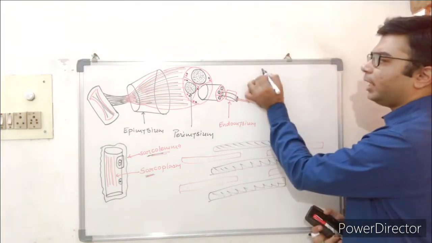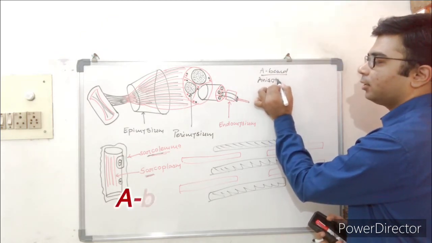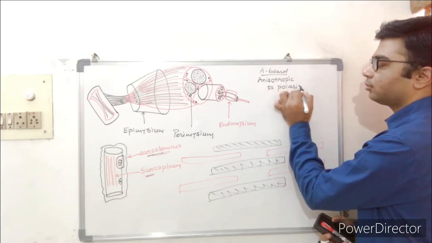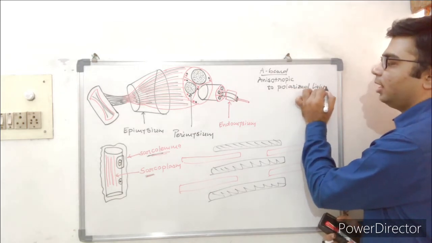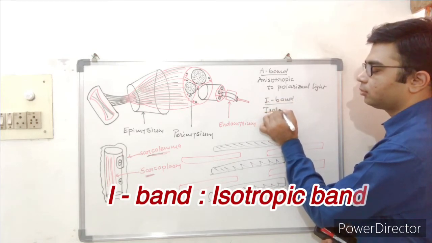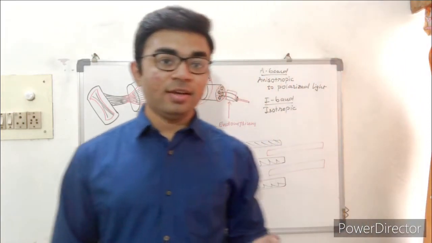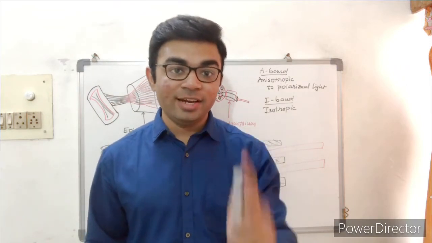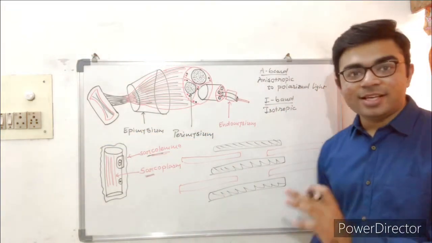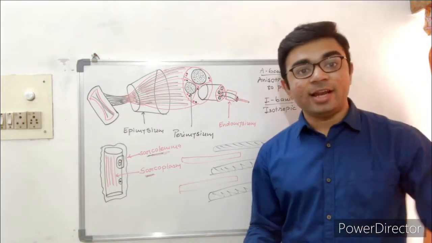So why do we call it an A band and an I band? A band means it is anisotropic to polarized light, and the I band is isotropic to the polarized light, which means that whenever we strike light rays over this myofibril, from the I bands light rays are refracted at the same angle, but from the A band light rays are refracted at different angles.